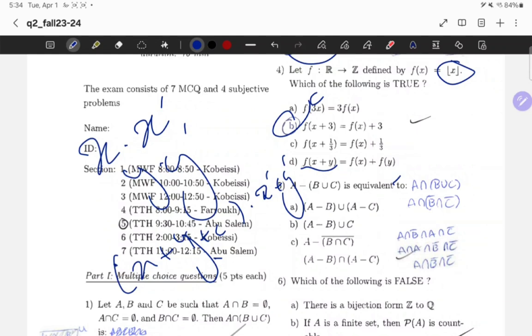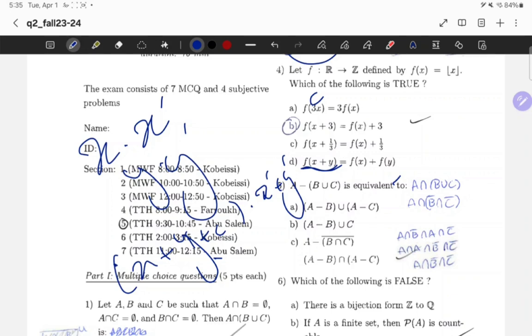If I do f of x plus y, with the x plus y on the inside, what I'll be getting is the x plus the y plus the carry, assuming that there is a carry. But if I do f of x plus f of y alone, I'm removing the carry, right? Because if I had 5.5, f of 5.5 and f of 5.5 are both 5, and then I'll be getting 10. I wouldn't be getting the carry from the decimal part, right?